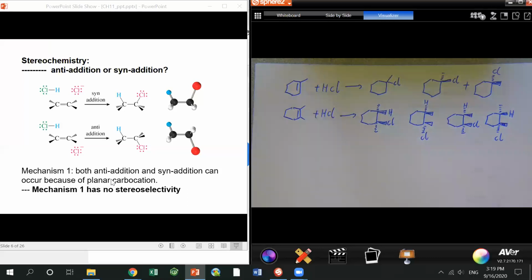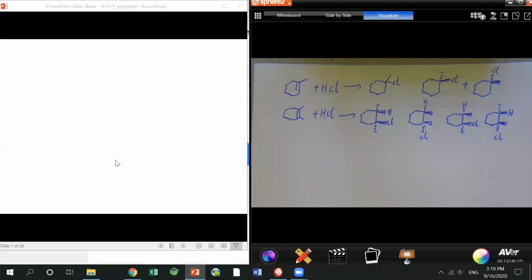And if you like, you can assign R and S, so you find the SS, RR, and so on. All four possible products, and actually two pairs of enantiomers. This pair is one pair of enantiomers, and this is another pair of enantiomers.